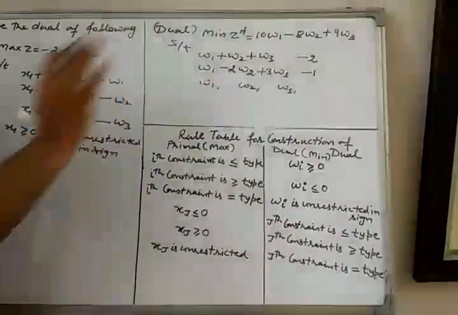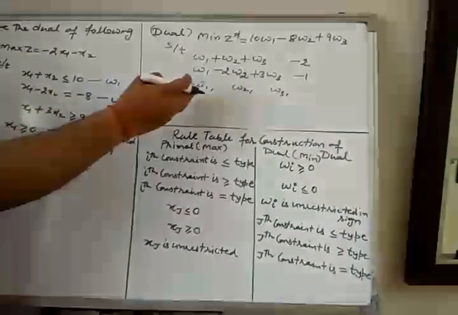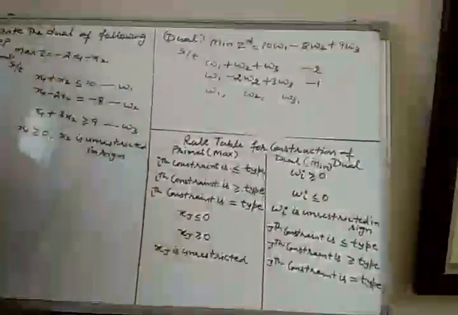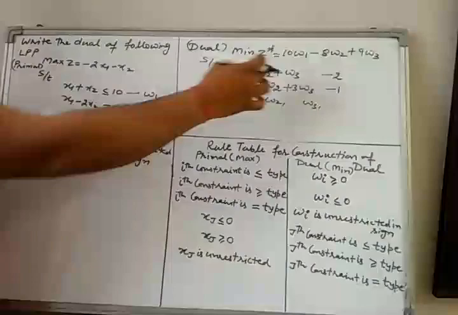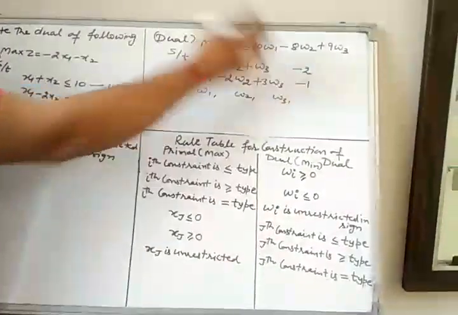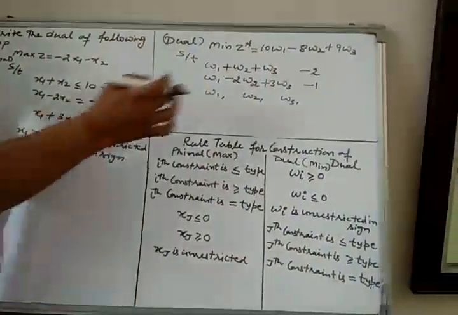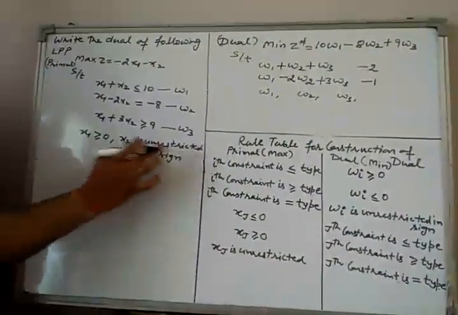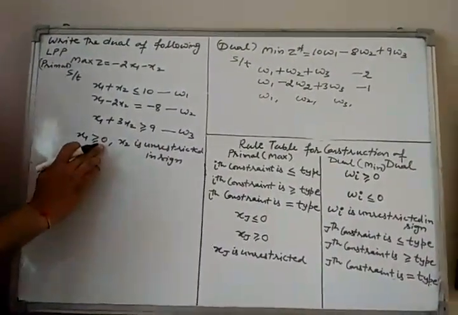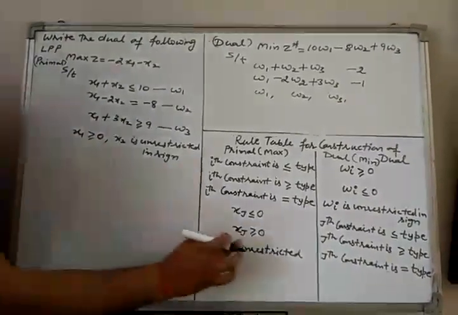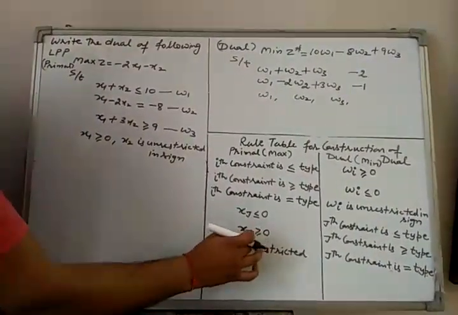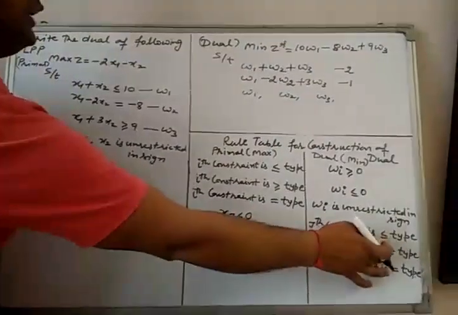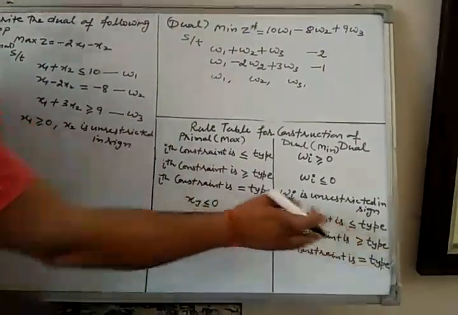Now we have to decide the sign of these constraints and the sign of these dual variables. We first decide the sign of the dual constraints. The sign of dual constraints comes from the sign of the primal variables. The first primal variable is greater than equal to 0. If a primal variable is greater than equal to 0, then the dual constraint is of the greater than equal to type.